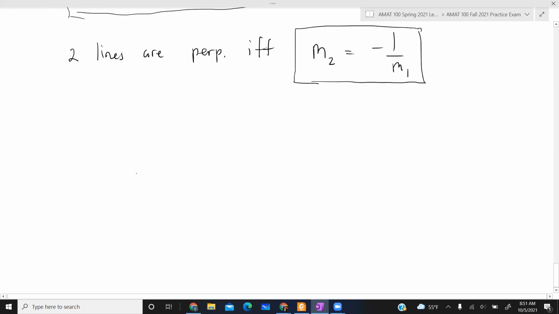So that answers parts of problem 7. Let's move on to number 8. We're told that this is the equation of a circle, and we want to put it in standard form and identify the center and the radius of the circle.